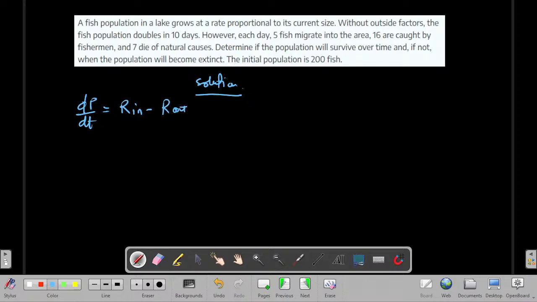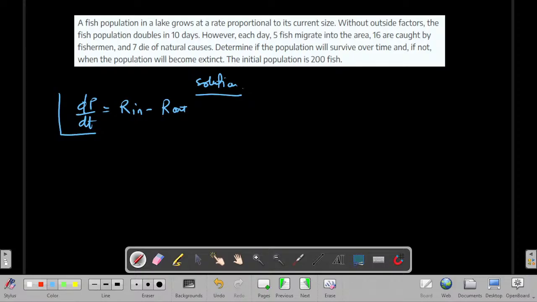That's all. Generally, if I want to know the change of population with respect to time, it is the fish in minus the fish out. That will give me the total number of fish I have at any time. So this is the general model.